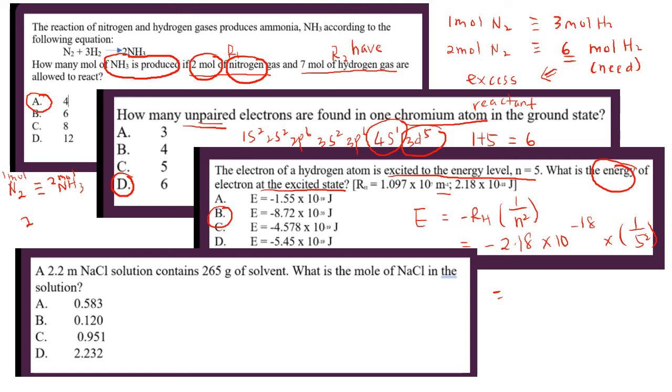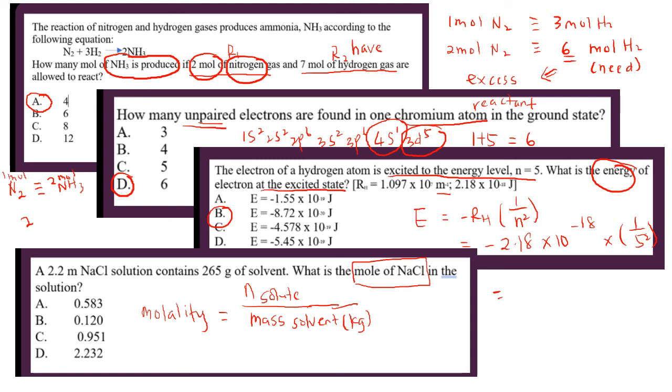Okay, come to the last question. A 2.2 molar NaCl solution contains 265 grams solvent. What is the mole of NaCl in the solution? So we know that this one asks for the molarity. Molarity is mole of solute over mass of solvent in kilogram.